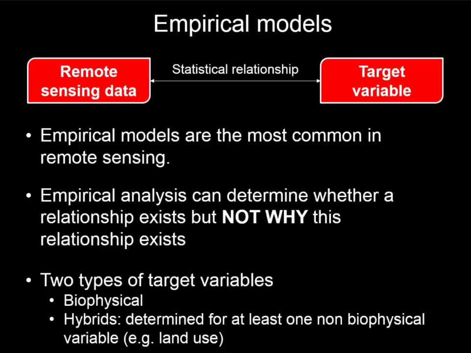There are typically two different target variables that these models target. One is biophysical variables and the others are hybrid, that are determined by at least one non-biophysical variable like land use.